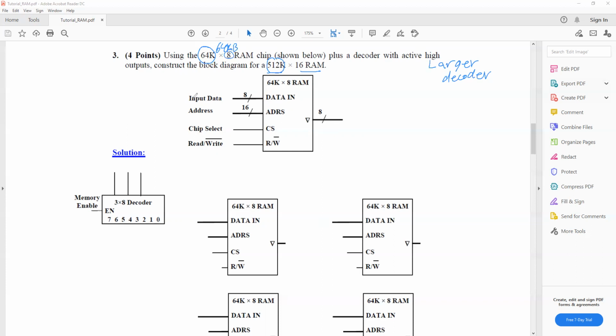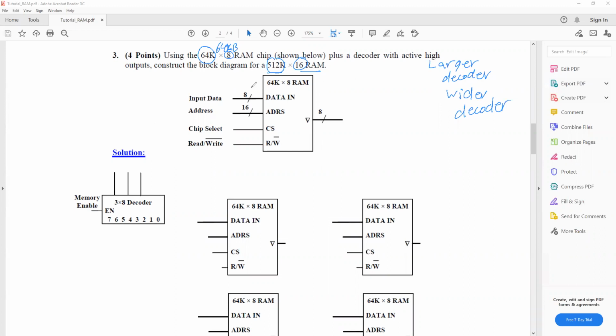And if you compare the data bit of the memory you have and the data bit of the memory you're building, that means we're also constructing a wider decoder, just like the last slide in memories that we went through last time.